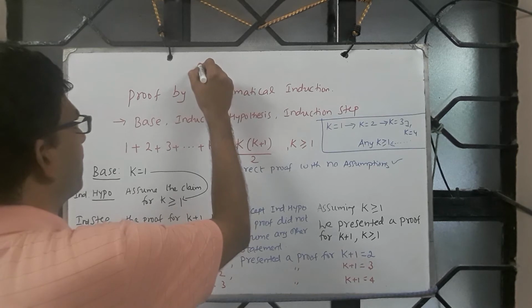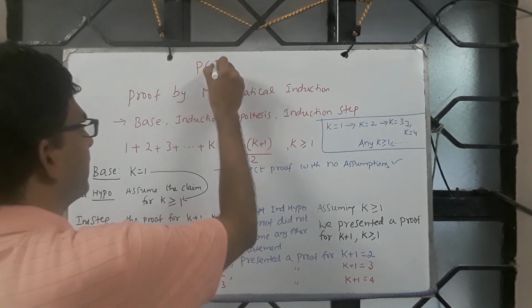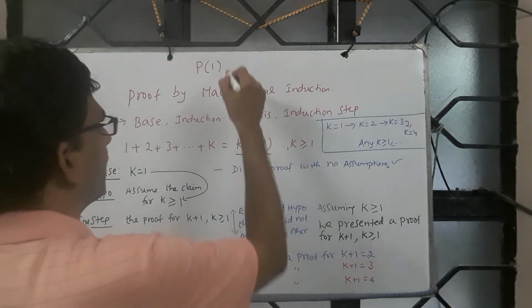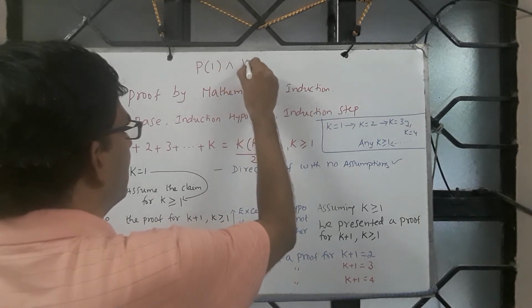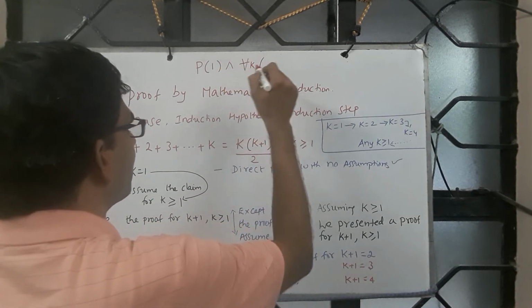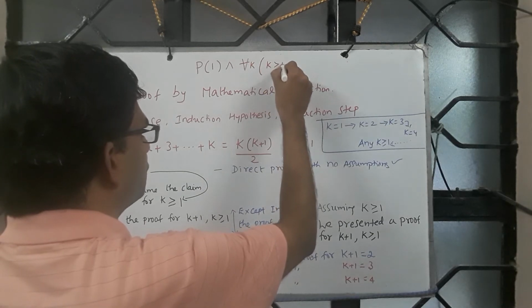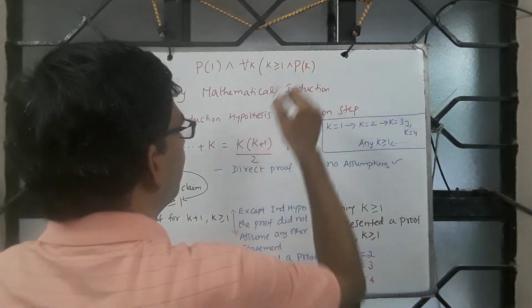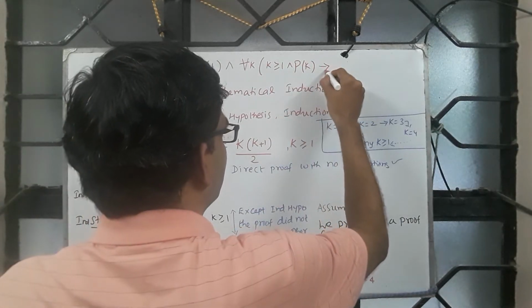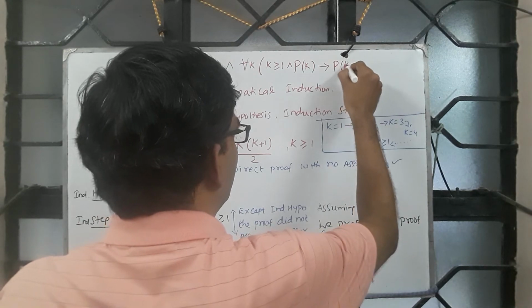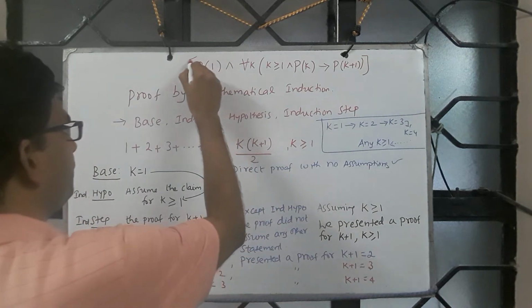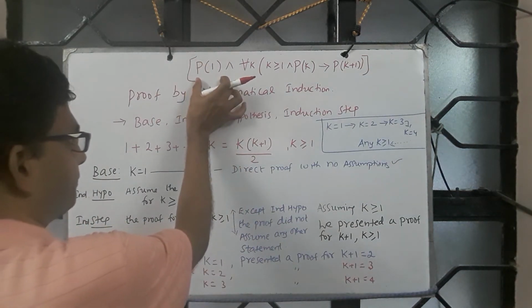Formally, what are we doing? We have something called the base case, which I call P of 1. For k is equal to 1, we prove this. Then for all k that is at least 1, and the claim is true for k, we present a proof for k plus 1. Correct? This is the base case.